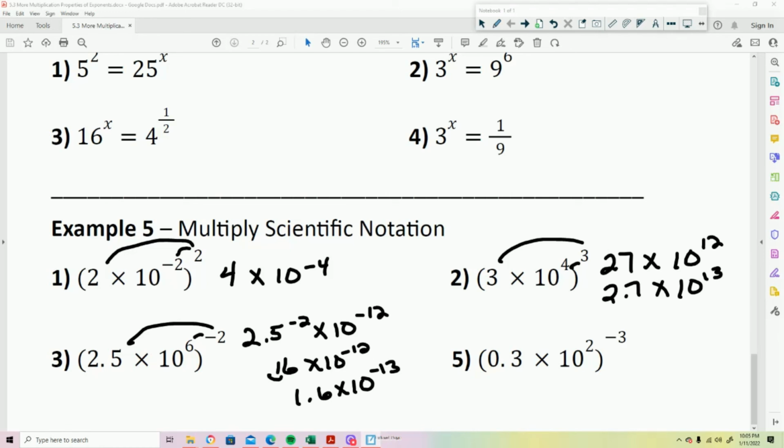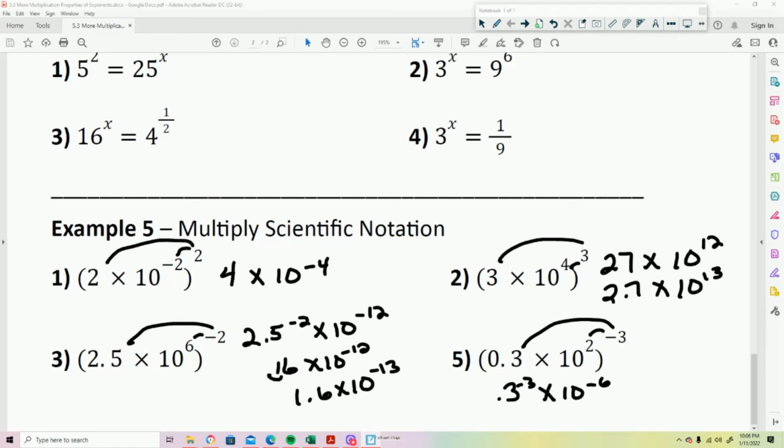Okay, now with this one, we're going to distribute here and here. So I've got 0.3 to the -3, and I've got 10 to the -6. Well, we're going to do this 0.3 to the -3. So when I do 0.3 times 0.3 times 0.3, I should get 0.027. Now I've got to flip it, so it's going to be 1 divided by 0.027.